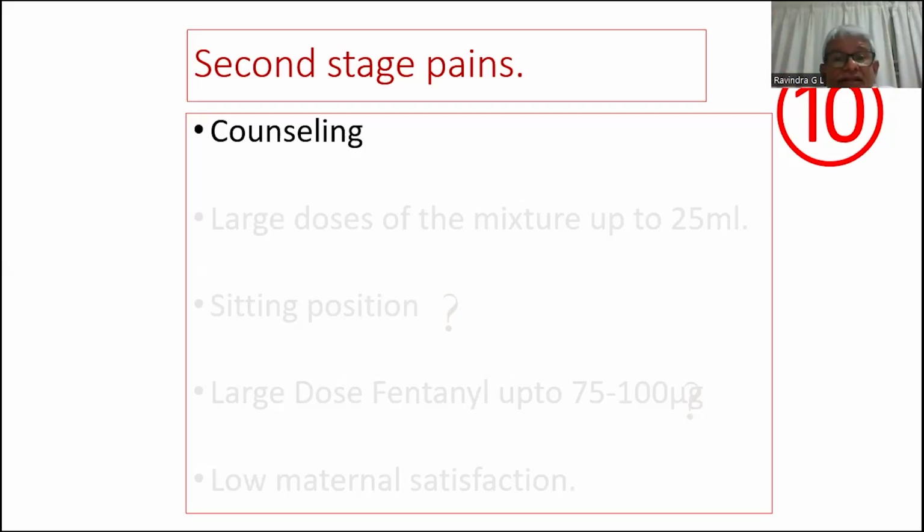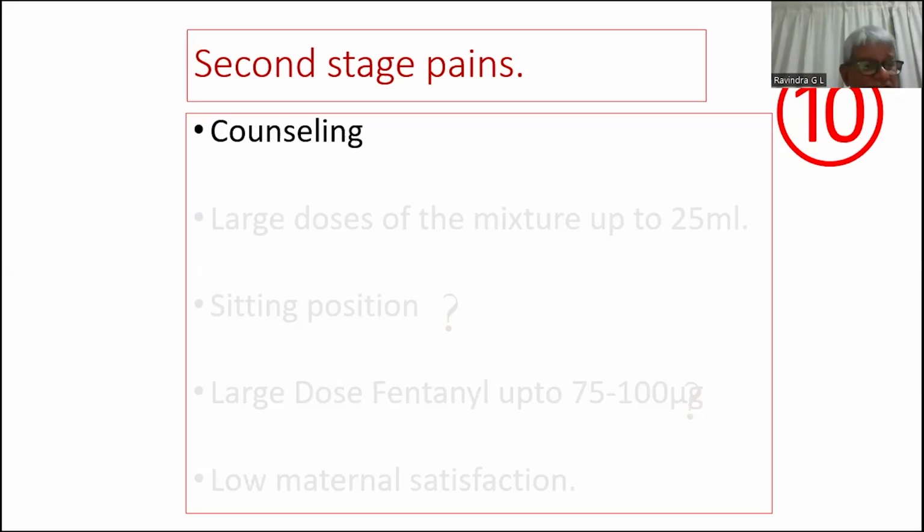Tell her that the first stage labor pains are mild and can be managed well, but the second stage pains are not easy to manage. Tell her that it is very severe, and that we want you to bear down during contractions. So we would leave some amount of pain for you to appreciate the labor pains. You understand now when you get the contractions.